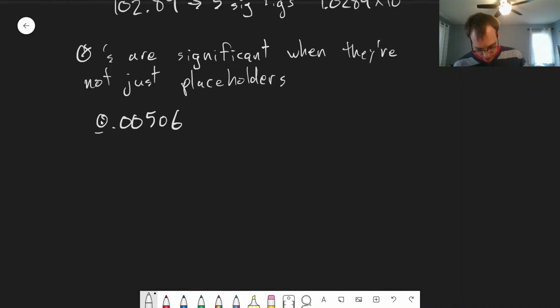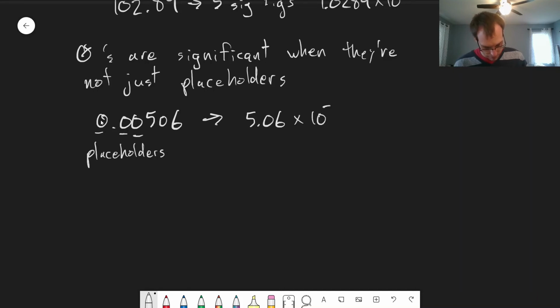All the leading zeros here, these are all just placeholders. Because if we write this in scientific notation, and this is often the easiest way to see this, this will be 5.06 times 10 to the minus 3. So those zeros disappear if we write this in scientific notation, which means they're just placeholders, not significant. But this 0 here in the middle is required to write this number out, right? This 0 does matter. It's not 5.16, it's not 5.26, it's 5.06. So this one is significant.